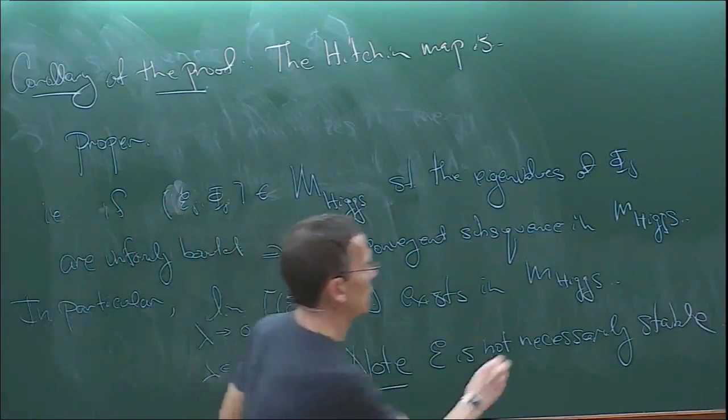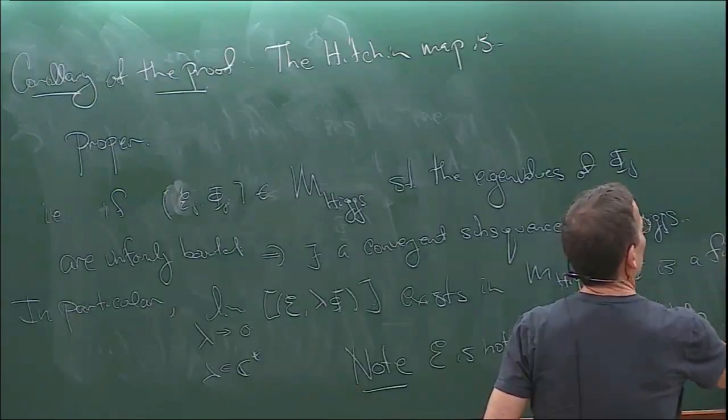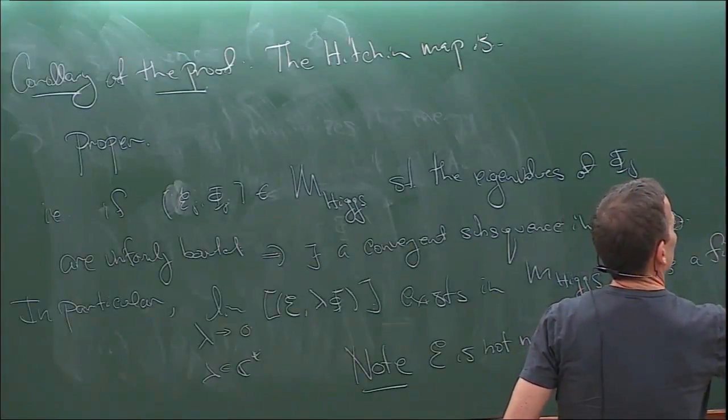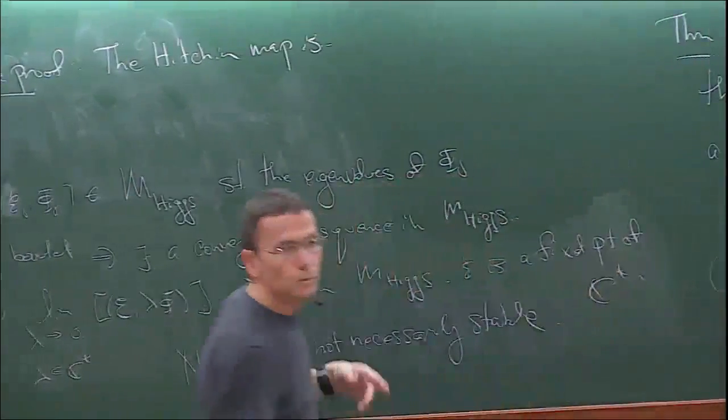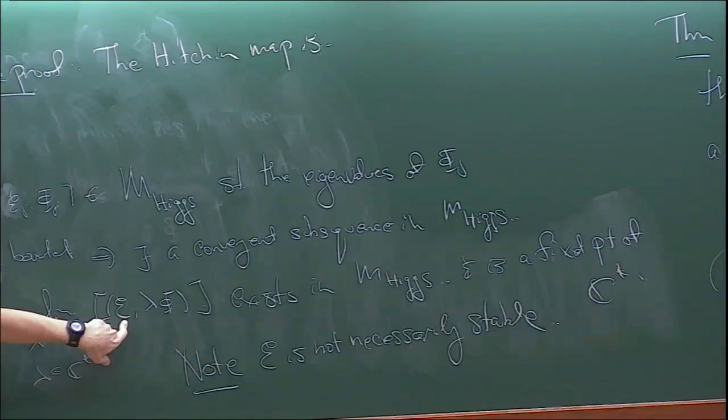So the limit exists and is a fixed point of C star. In other words, there's an isomorphism of that limit that undoes the action of lambda. That means this bundle has to be reducible, and then one can start to understand what those look like. Those are the complex variations.